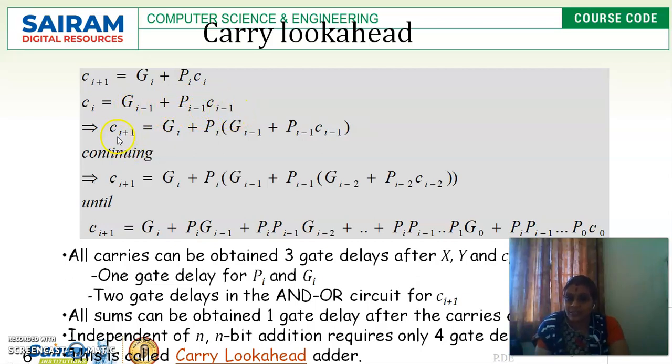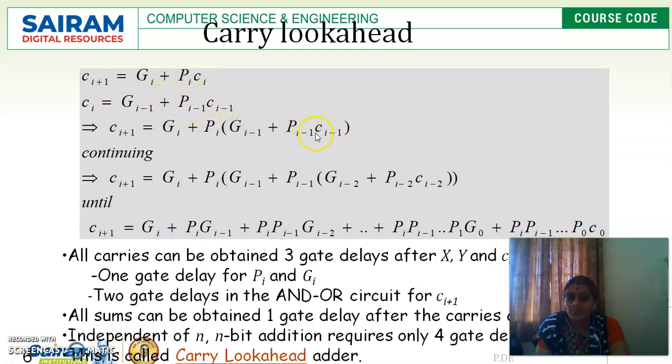So Ci plus 1 is the generate function of i plus Pi times this Ci. Instead of the Ci, I can substitute this generate and propagate function, right?